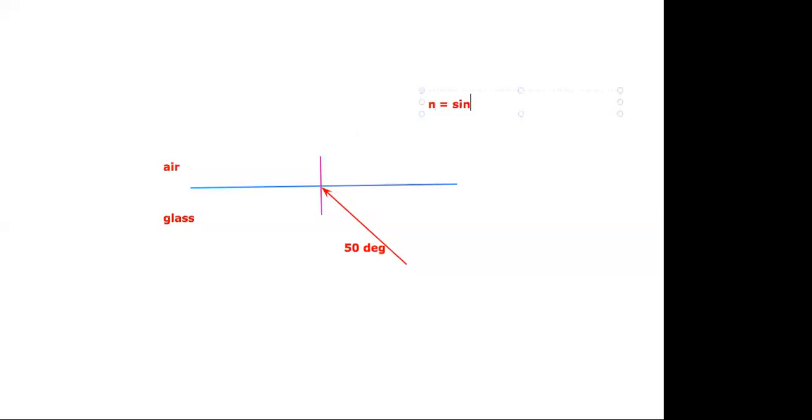N equals sine I over sine R. I'm going to again say fast to slow. The glass we're using is 1.5 unless otherwise told. Now, is this the fast side or the slow side? Well, compared to air, that's the slow side. So we're actually looking for an angle on the fast side. That's what's up on top.